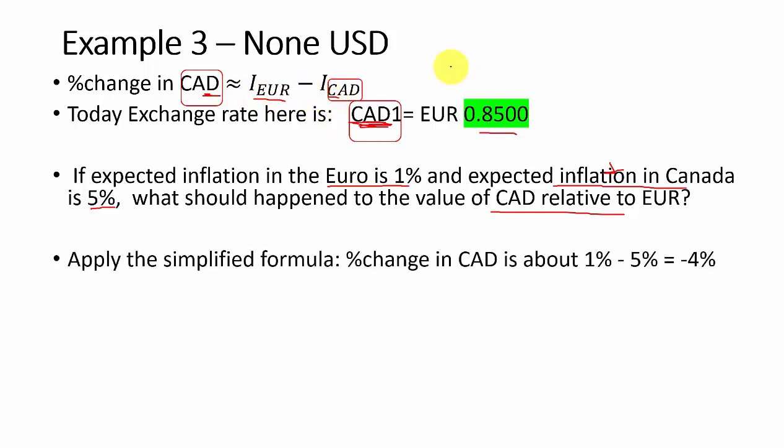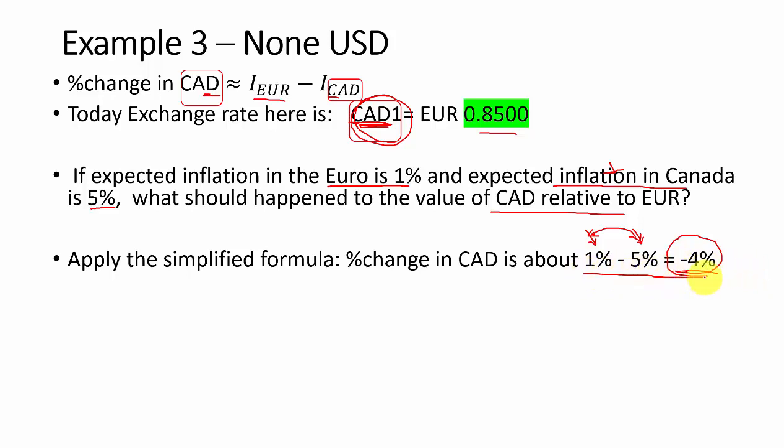Now apply the formula. It will be euro inflation minus Canada inflation, which is negative 4%. It means the Canadian dollar should drop 4%. If you flip the position of 5 and 1, you get positive 4%, which suggests appreciation.